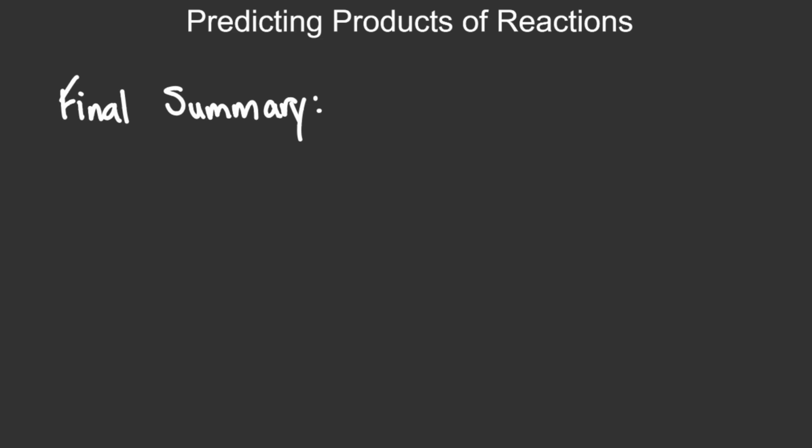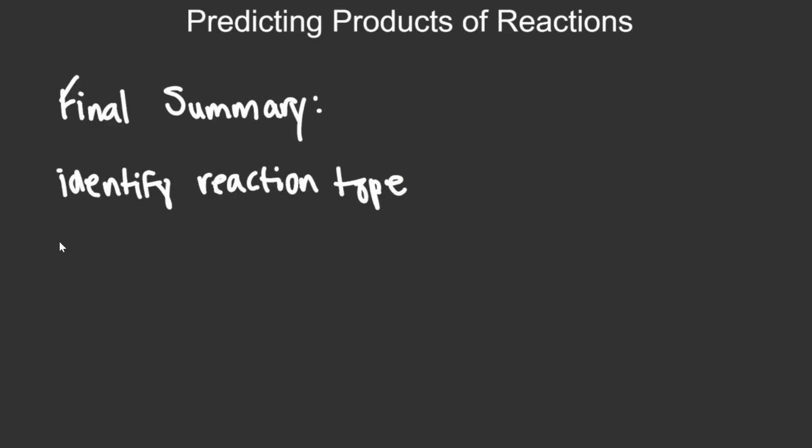Finally, a very quick final summary to end off this video on how to predict products of a chemical reaction. So always identify the reaction type. Once you have that, use the pattern.